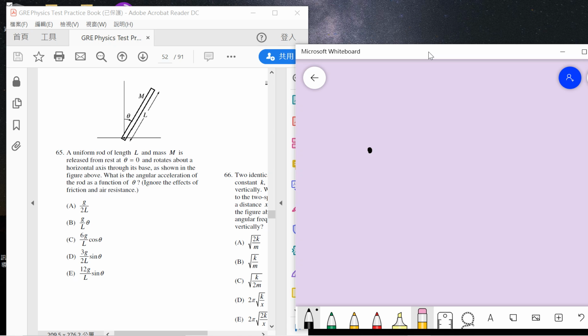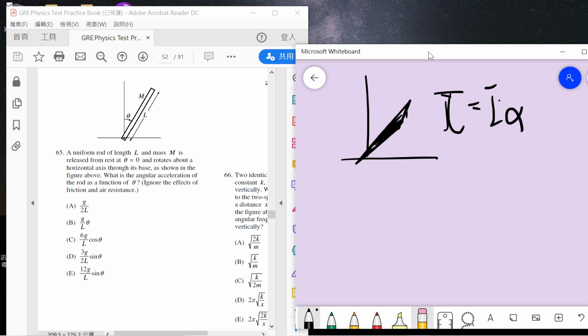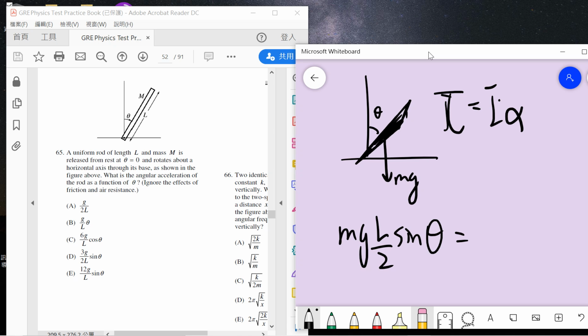Okay, so the important formula we need to use is that the torque is equal to inertia times the angular acceleration. So this is mg and this is theta. The torque is mgL divided by 2 times sine theta, equal to 1/3 ML squared alpha.